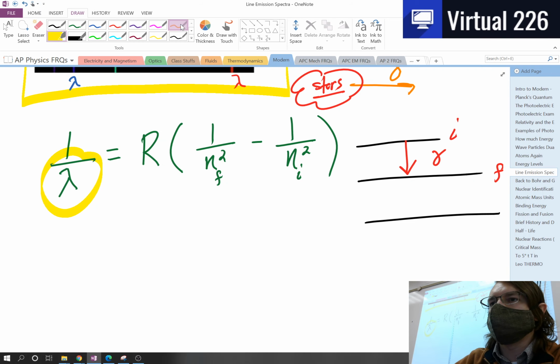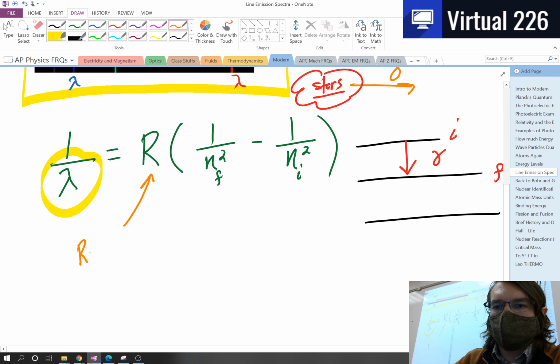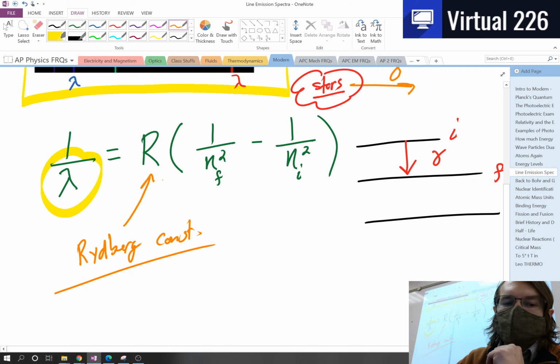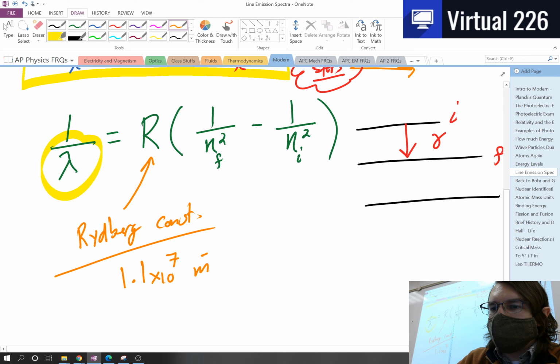Okay? This R here is what is referred to as the Rydberg Constant. The Rydberg Constant is 1.1 times 10 to the 7th inverse meters.